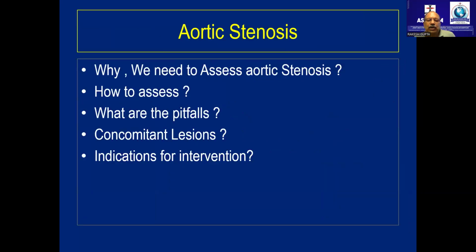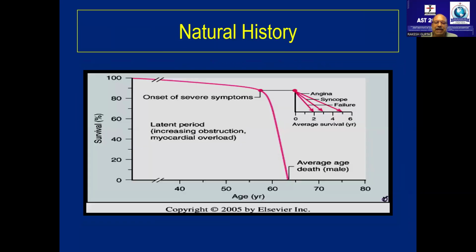At your level, the most important thing is how to assess aortic stenosis. Before that, we have to identify a subject before he develops these three important symptoms: effort angina, effort syncope, effort dyspnea.